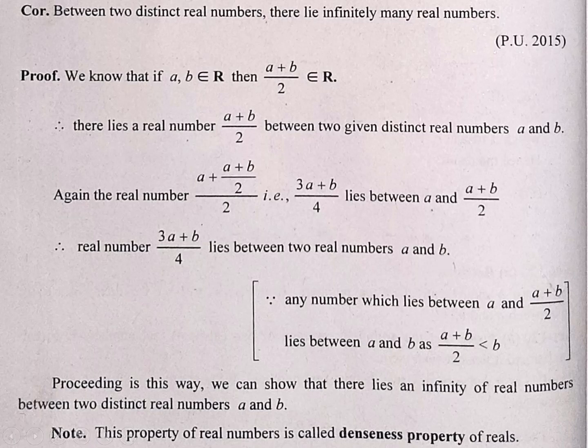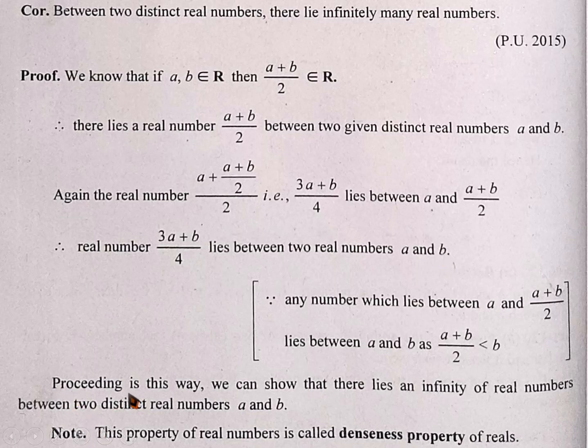Continuing this process, up to now we have established two real numbers, one real number (a + b)/2 and the other real number (3a + b)/4. These two numbers lie between a and b. Up to now we have proved this result.